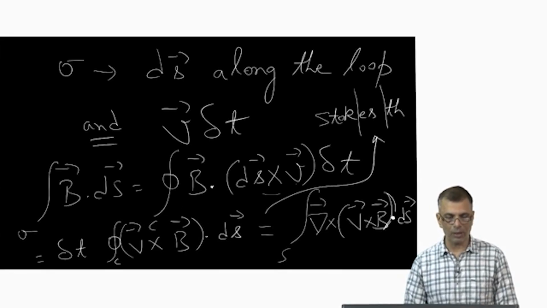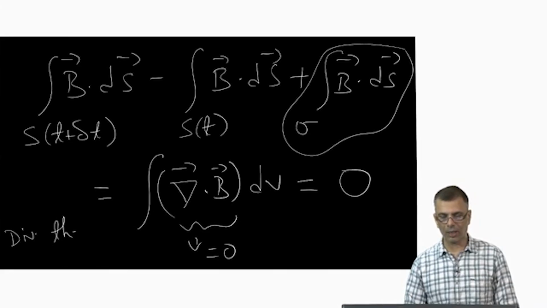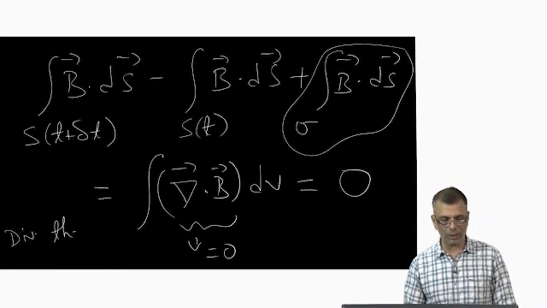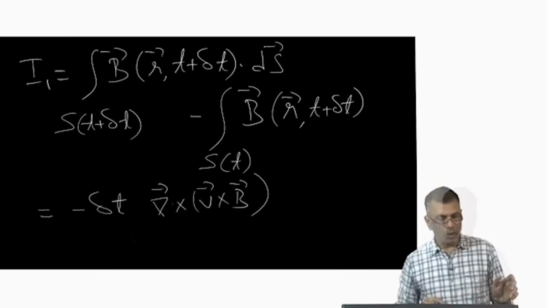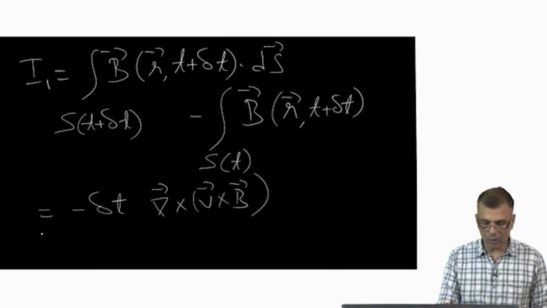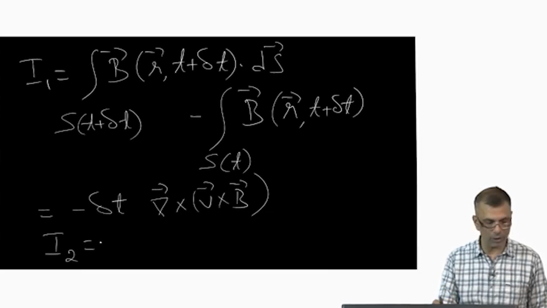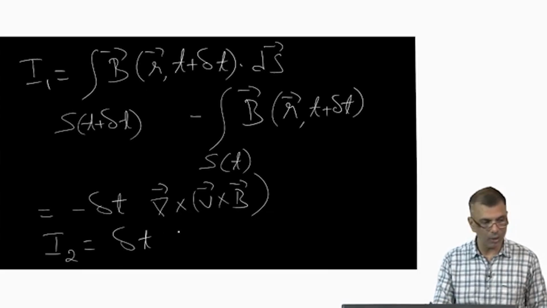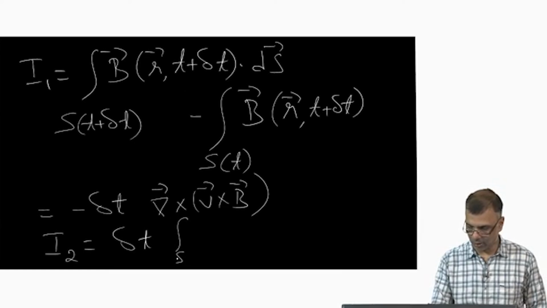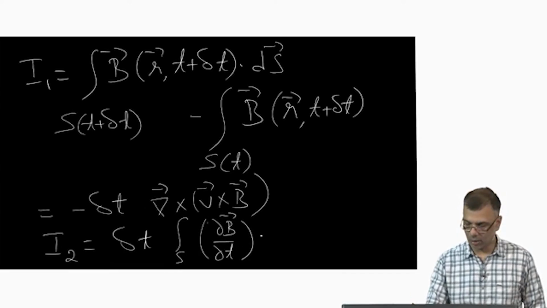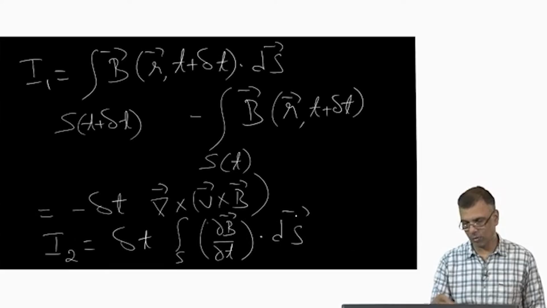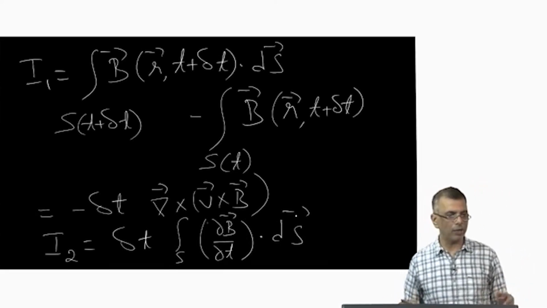So that's what we did. And I1 we wrote it down like this, and so this is where we have this important thing. And we know that I2 is equal to, we had already written this down, delta t times the surface integral of dB dt dot ds. We had already identified I2 to be this.